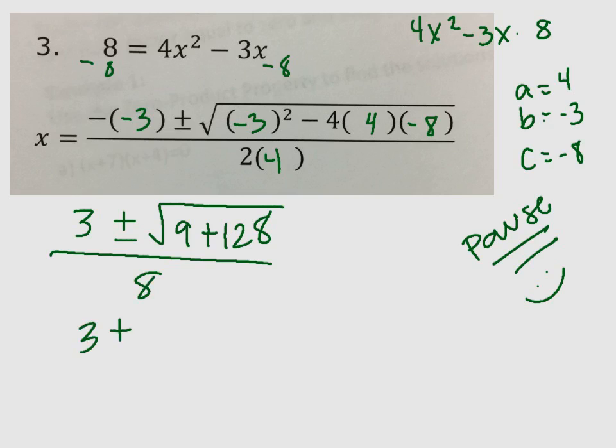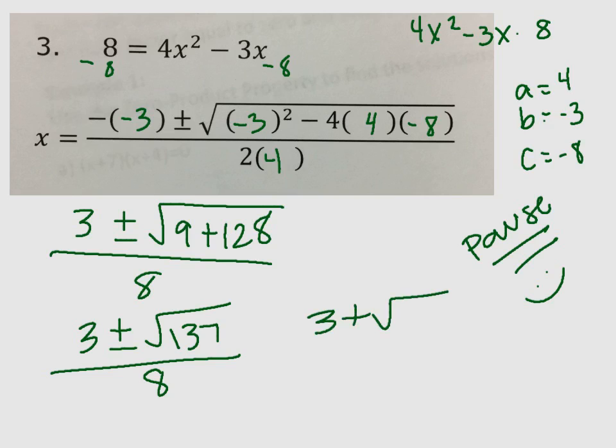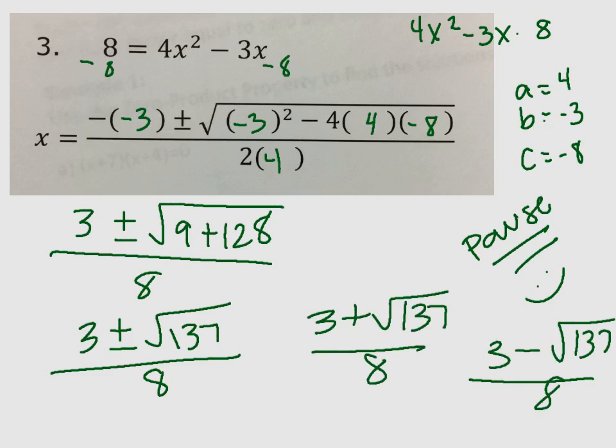We have 3 plus or minus the square root of 137 over 8. So then I have 3 plus the square root of 137 over 8, and 3 minus the square root of 137 over 8. But put them in decimal form.